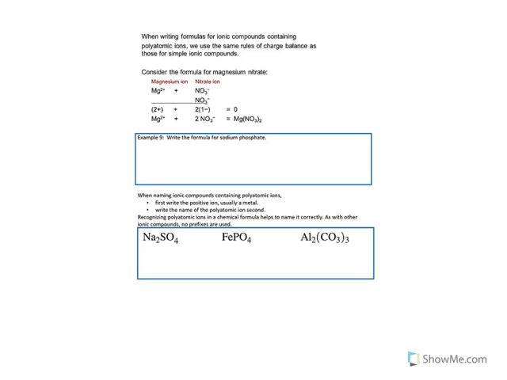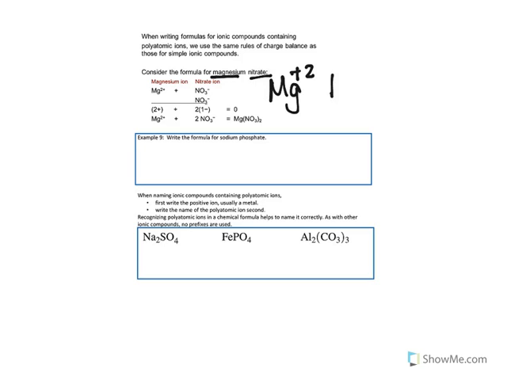So, how do we write the formula for an ionic compound if it has a polyatomic ion? Well, we still have to use the same rules of charge balance as those for simple ionic compounds. For example, magnesium nitrate. You have a magnesium ion and a nitrate ion. Magnesium, as we've learned before, has a charge of +2.